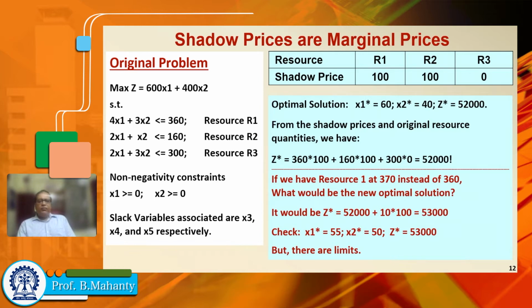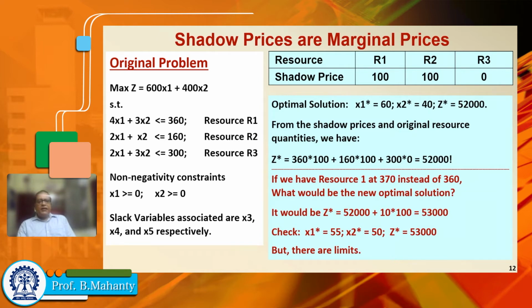What would be the new optimum solution? Because we know the shadow price for resource 1 is 100, and if 10 more resources are available, that means 360 to 370, the additional profit we gain is 10 into 100, another 1000. So 52,000 plus 1000 is 53,000. That should be the new value of Z star.